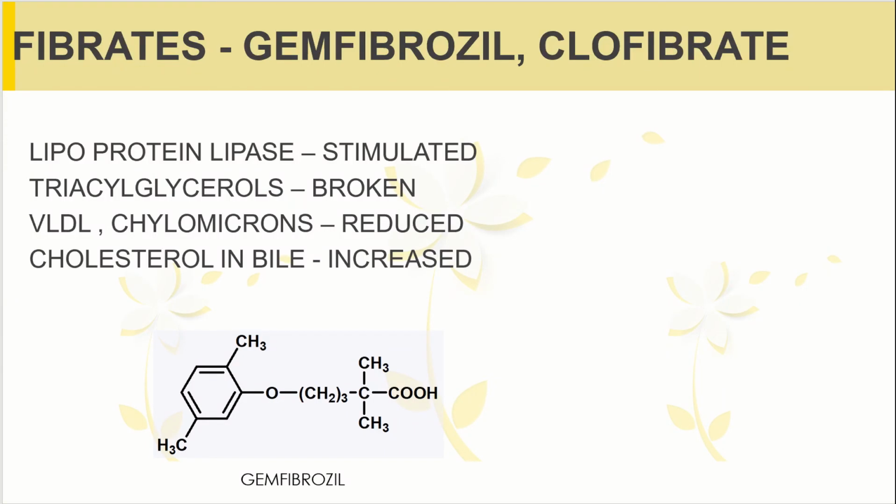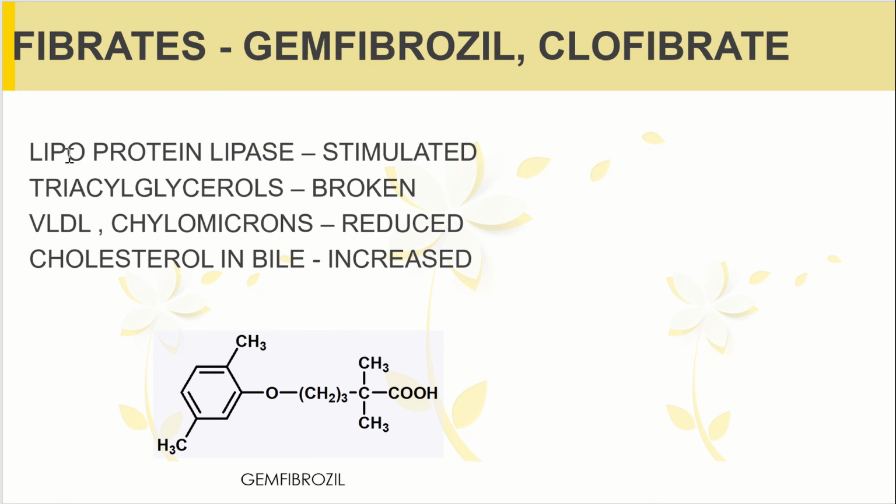So now we're going to move on to our fibrates, which we have two examples here in terms of their names, fenofibrate and clofibrate. So we have an image here of fibrates. We can see here that we have an aromatic portion, we have an ether portion, and we have a carboxylic acid seen here.